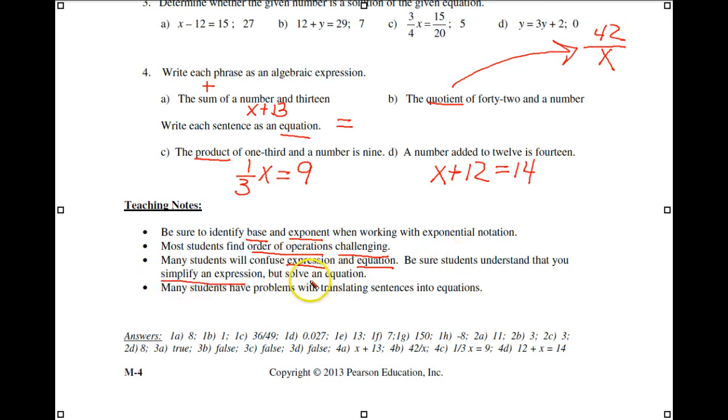But in an equation, we're going to solve for something. And this is an area that is difficult. But again, as you start to identify keywords and then practice, keep good notes, and then you can study these notes as we move along.